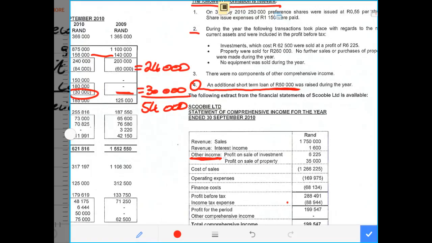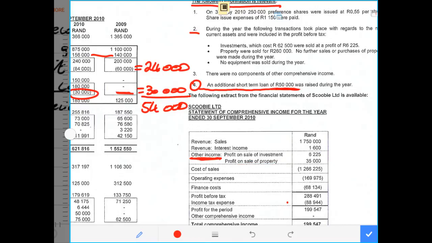Under other incomes, we have profit on sale of investment. And after, we have profit on sale of property, which is 35,000 and 6,225. Remember, a profit that you make on the sale of an asset does not necessarily mean that the business has received any money. It's just the profit that was recorded in the income statement.